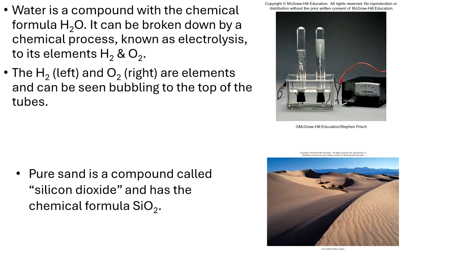Another chemical compound is sand. Now, sometimes the sand you come across has other impurities, but really high quality pure sand is basically composed of a compound called silicon dioxide, and it has a chemical formula SiO2.